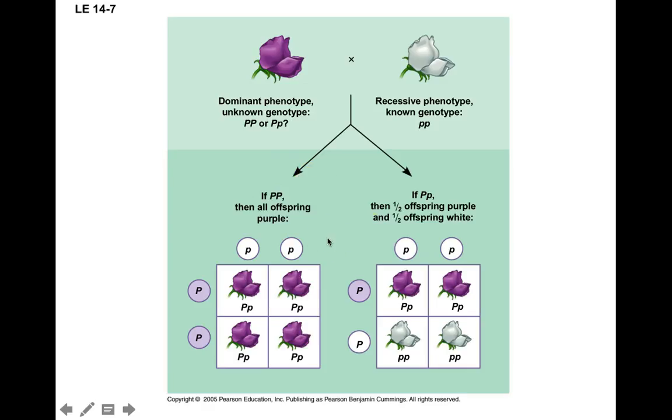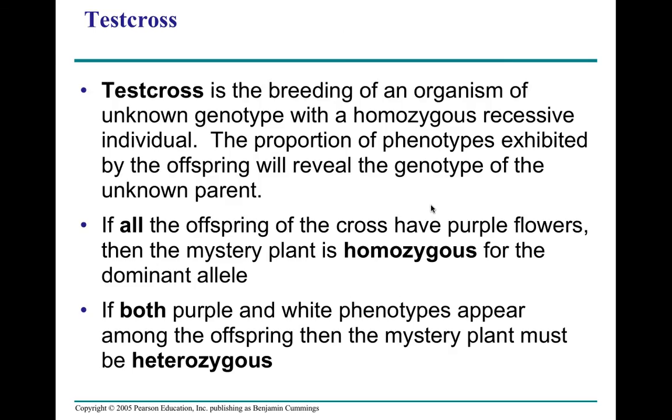Whereas if you look at children and you see that there are some white and there are purple as well, both dominant and recessive phenotype showed up, then it is considered to be heterozygous for this character trait. So that is how testcross helps in finding out whether the dominant trait organism is homozygous for the trait or heterozygous for the trait.